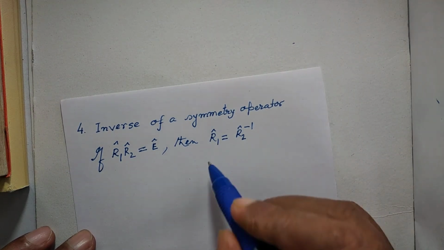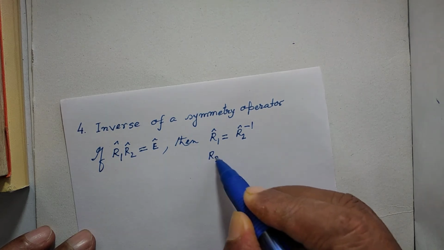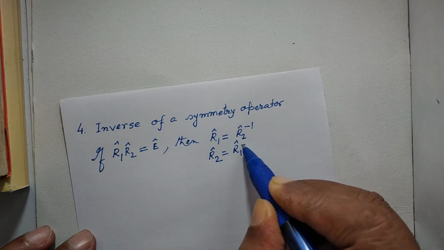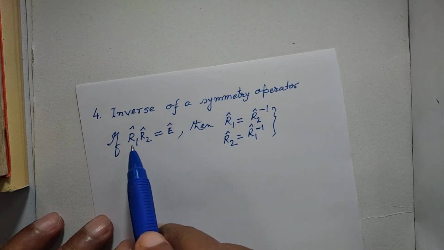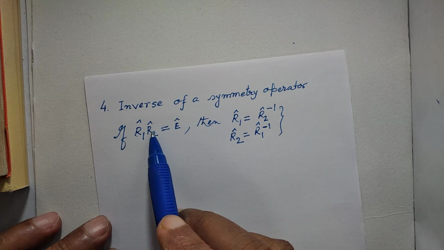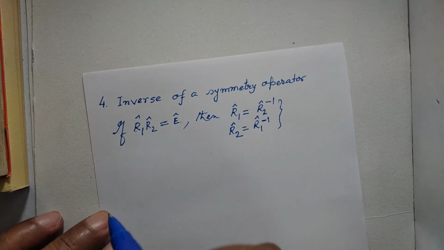R1 is the inverse of R2. Alternatively, R2 is the inverse of R1. Whenever two operators multiplied produce identity, one is the inverse of the other.